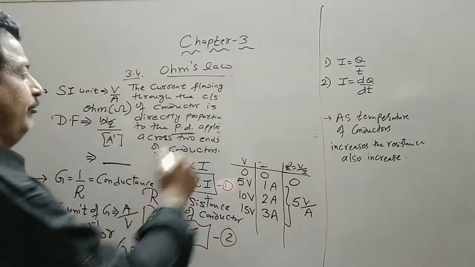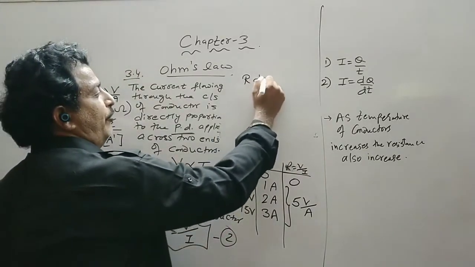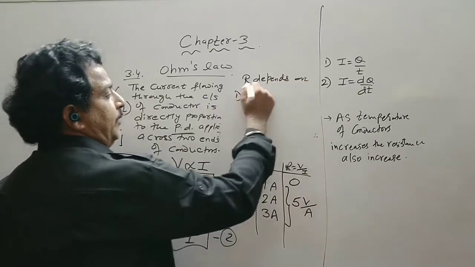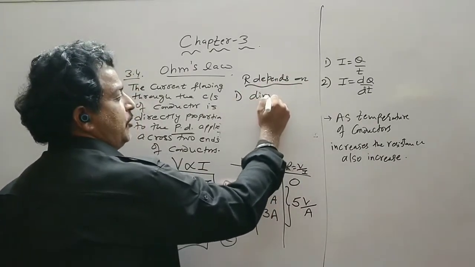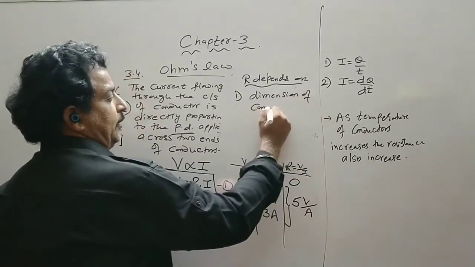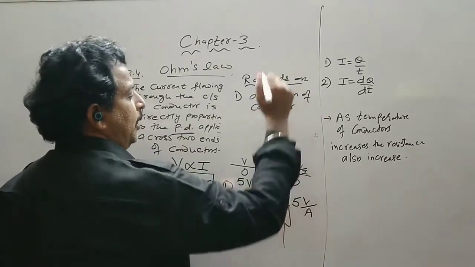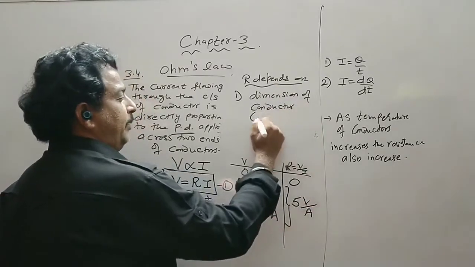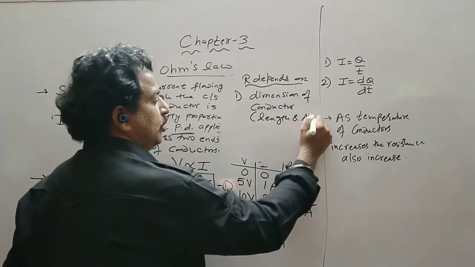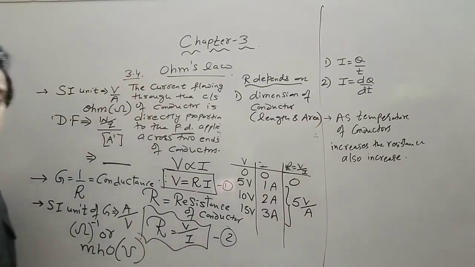R depends indirectly on the temperature, but the factors on which the value of R depends are, number one, the dimension of the conductor. The dimension of the conductor means the length and the cross-sectional area of the conductor.